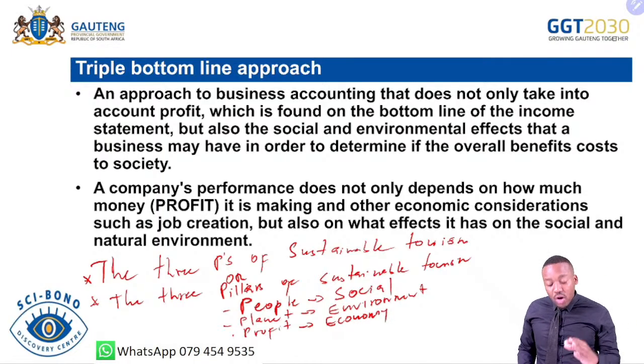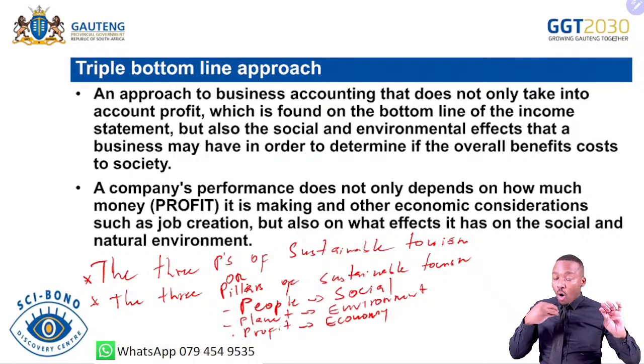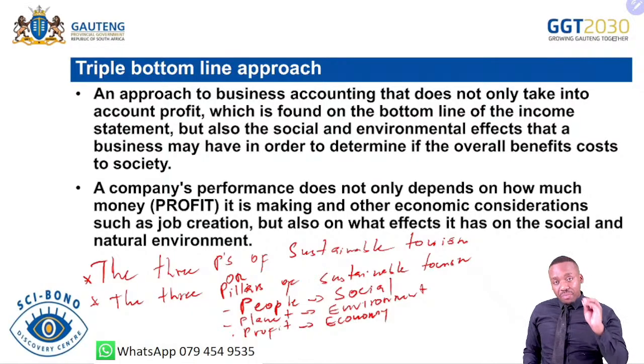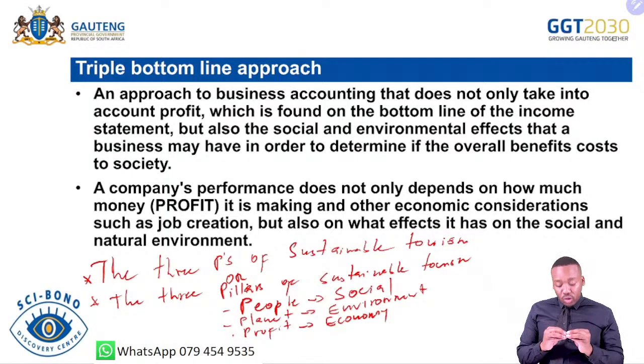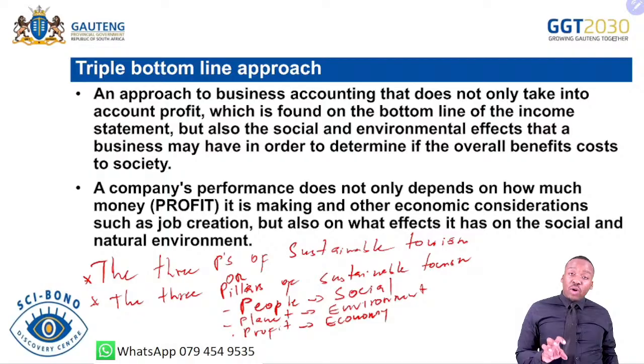We are talking about the impacts of a tourism business, 1, on social or on people. 2, we're talking about the impacts of a tourism business on the environment. 3, we're talking about what? The impacts of the tourism business on the economy. So when you talk about the 3 P's or the triple bottom line, that's what we are talking about, right?